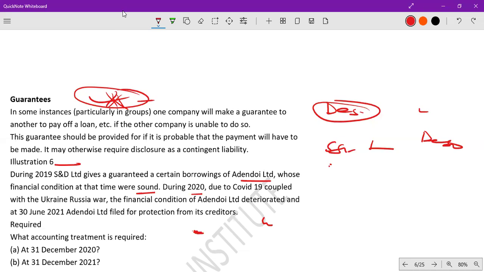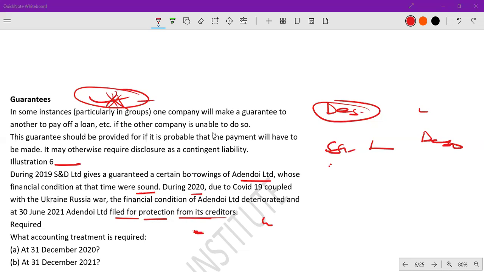And on 30th June 2021, I has filed for protection from its creditors. It means that this person is in financial difficulty and has filed that those creditors should not sell their property. So at that time, I is in financial difficulties. So what are the accounting treatments required?